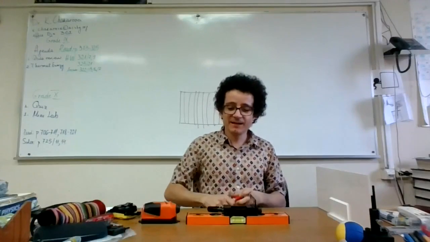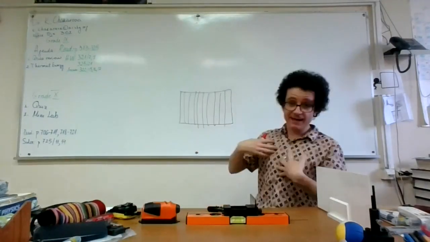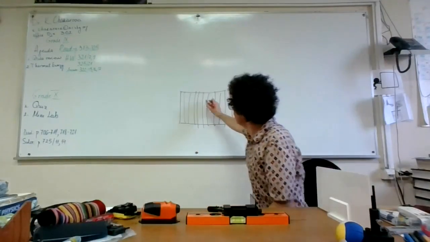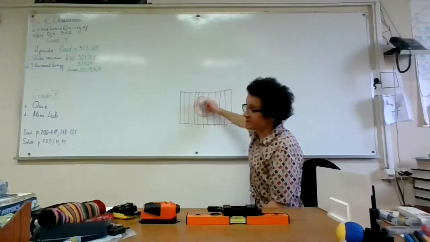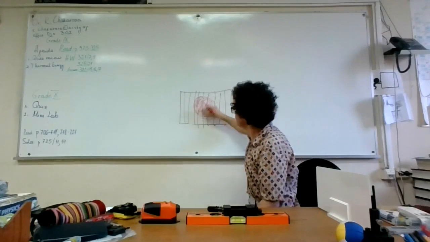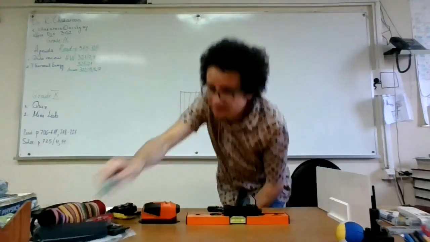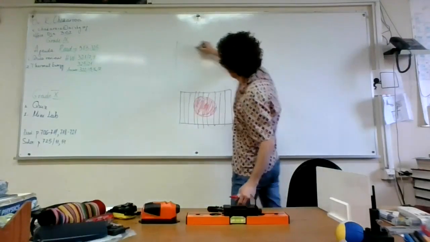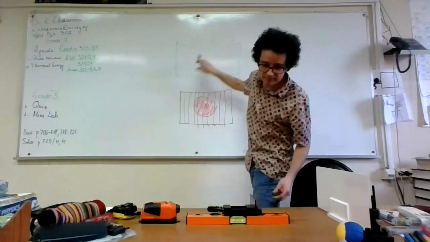So if light behaves as a particle, what I imagine could happen is, imagine that this is the laser going through the grating. What's gonna happen? What are we gonna see here on the screen?